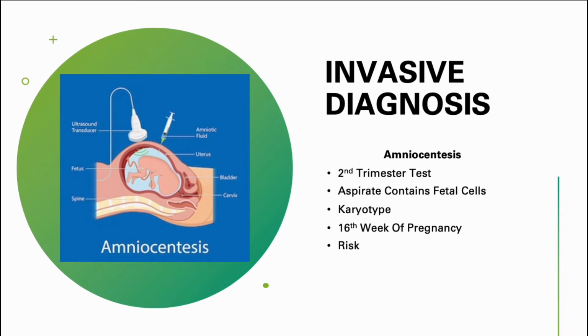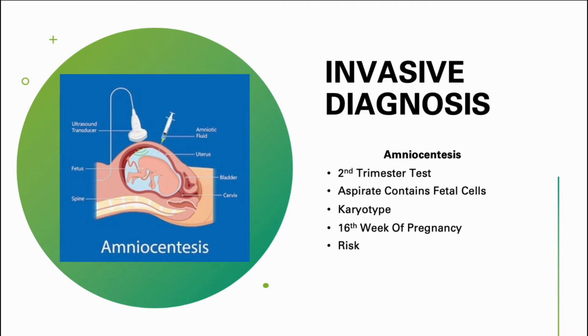Okay, also you can look at acetylcholinesterase levels. The cells could also be used for karyotyping, and so again, fetal cells get cultured for about 3 weeks, and then you can go about karyotyping. Could be done.